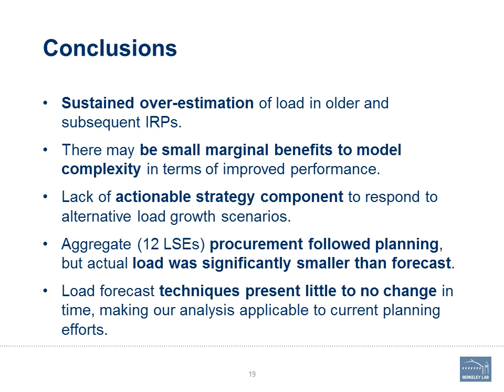So in terms of conclusions, just wrapping up the presentation, we do find a sustained overestimation of load in older and subsequent IRPs, and we have offered a set of hypotheses to suggest explanations to what may be going on.